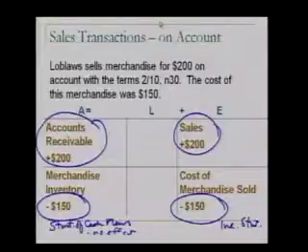Under income statement, you're going to have some drop-down boxes here too. And you're going to show three things on the income statement side of things. You're going to drop down and find sales, and you're going to say, yeah, that's gone up by $200. You're going to drop down and say, cost of merchandise sold, 150.